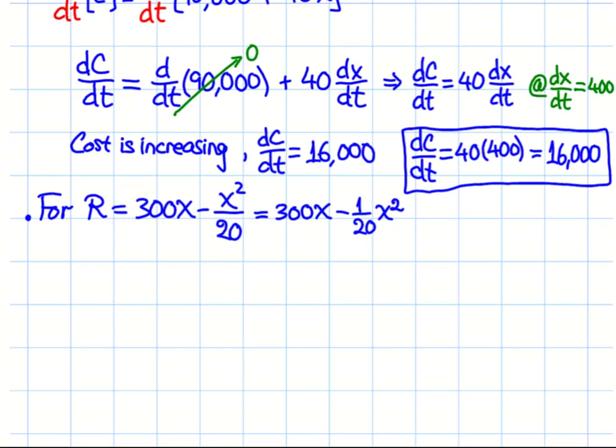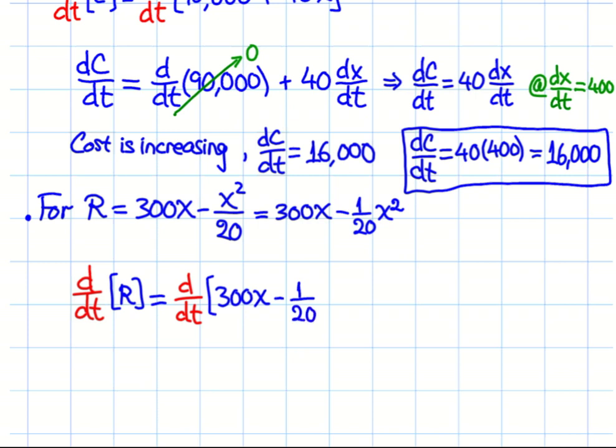Right. Now we assume everything is a function of t, so we can differentiate both sides with respect to t. So d over dt of 300x minus 1 over 20 x squared.